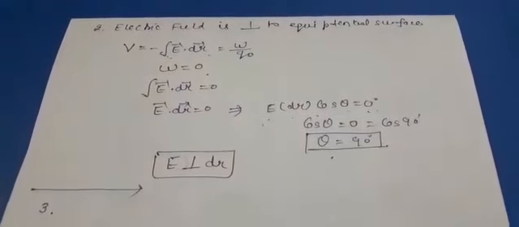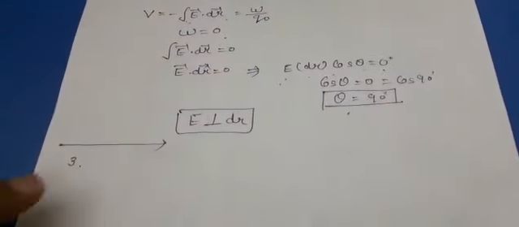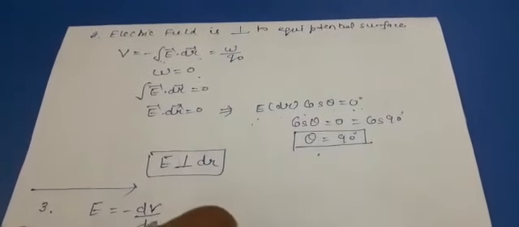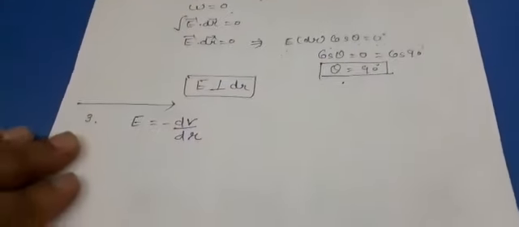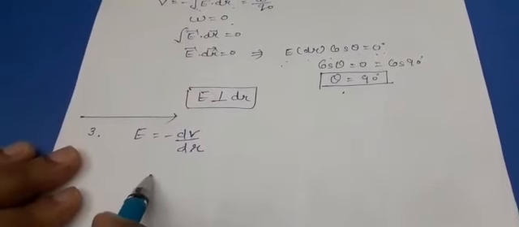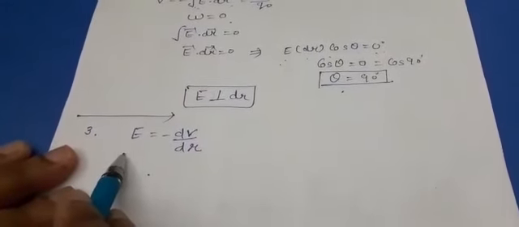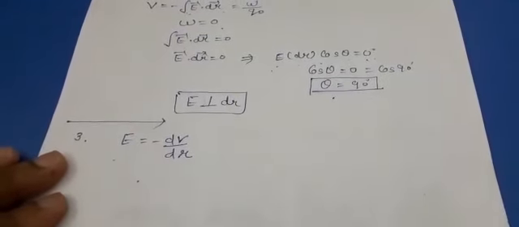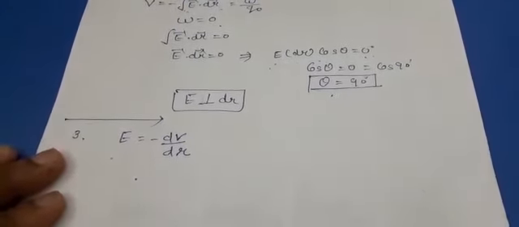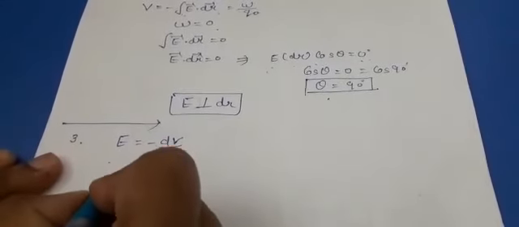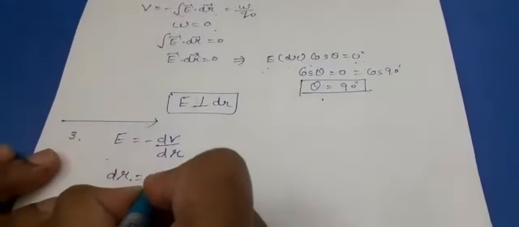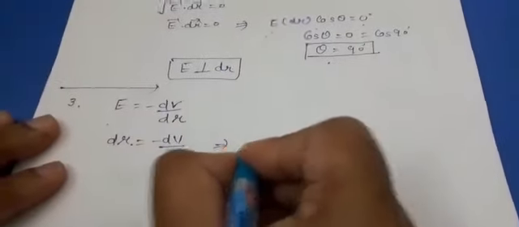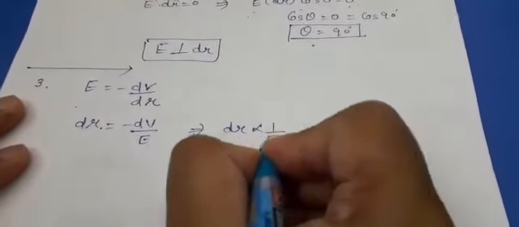Now, the third property. As we have taken that electric field is given by minus dV by dr, basically what we conclude is that equipotential surfaces indicate the region of strong or weak field. What is the meaning? We can say that dr can also be written as minus dV upon E. It means dr is inversely proportional to electric field.